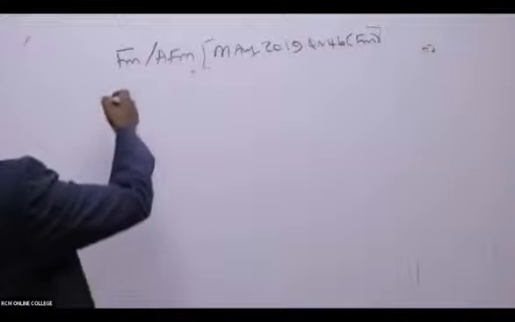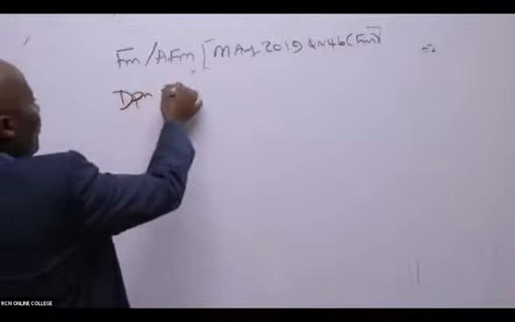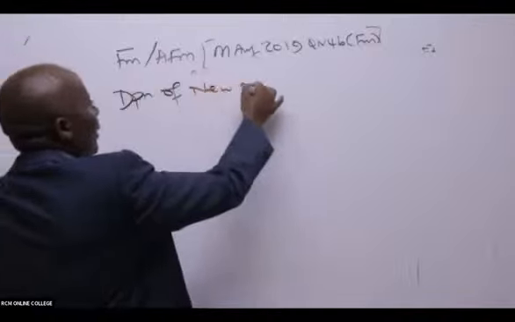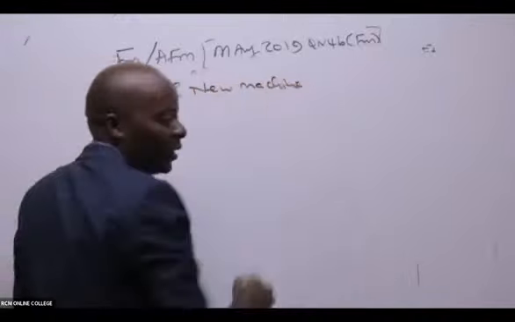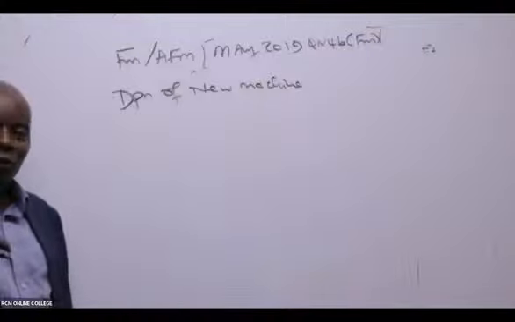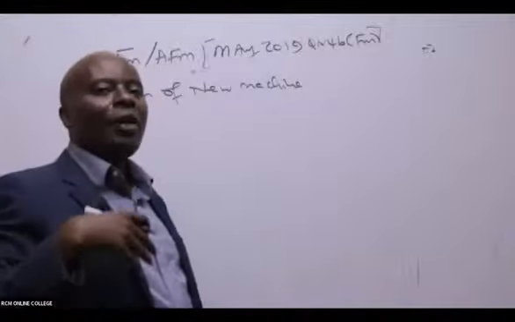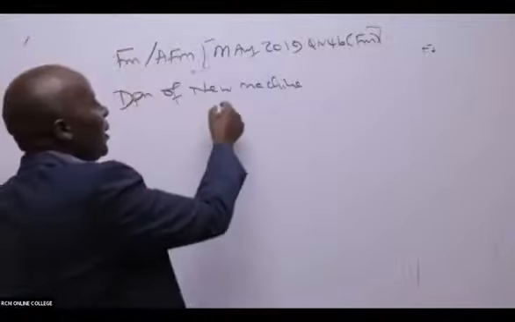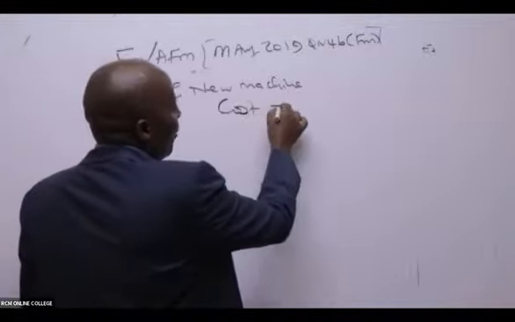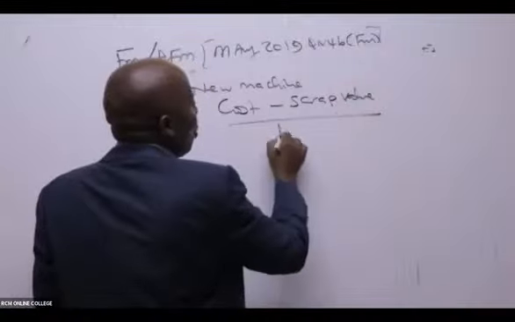I would want you pretty fast, give me the depreciation of new machine. How do we get depreciation? They have told us, this is a good examiner. It is straight line method. And whenever it is straight line method, it is initial cost minus any scrap value, all over number of what?